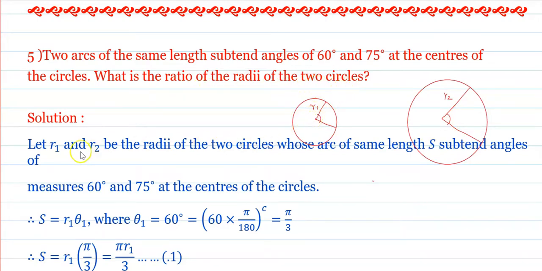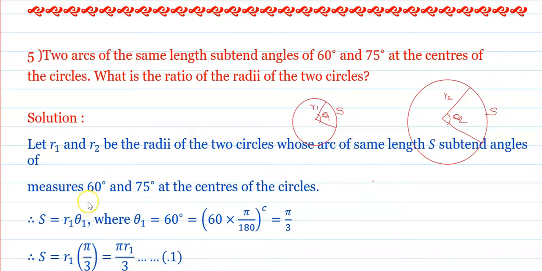Let r1 and r2 be the radii of the two circles whose arcs are of the length s. मात्र दोघांचं arc of the length कसं आहे? The same आहे. This is theta 1 and here is theta 2.